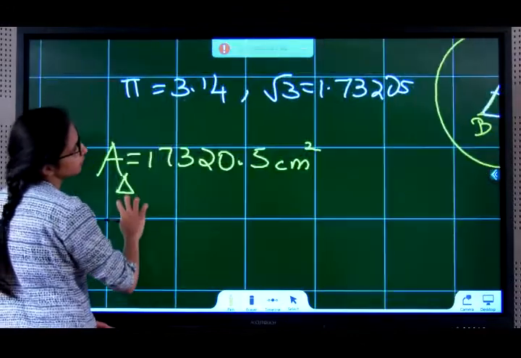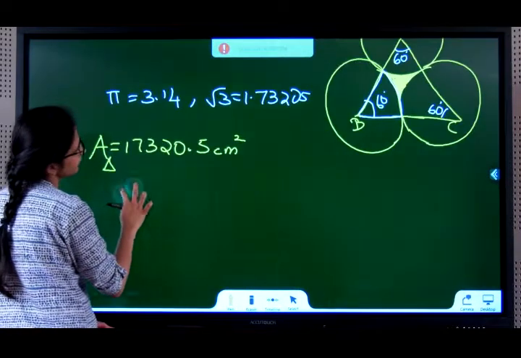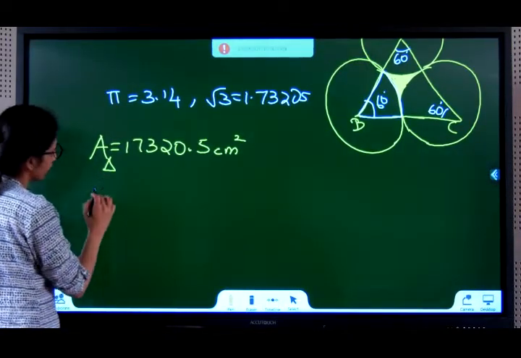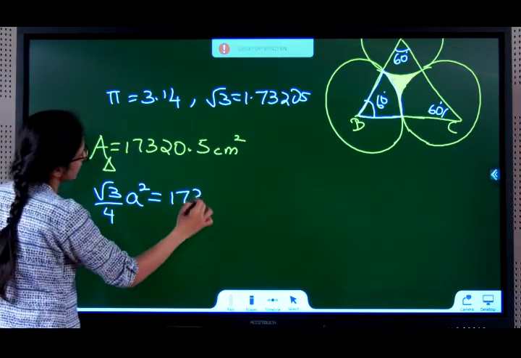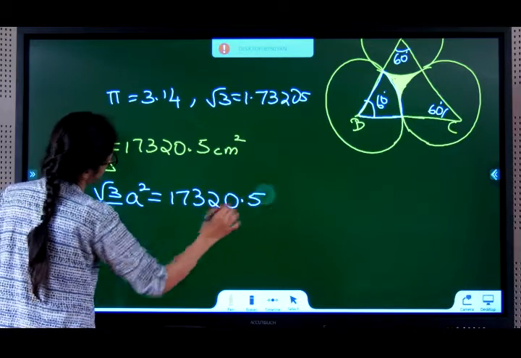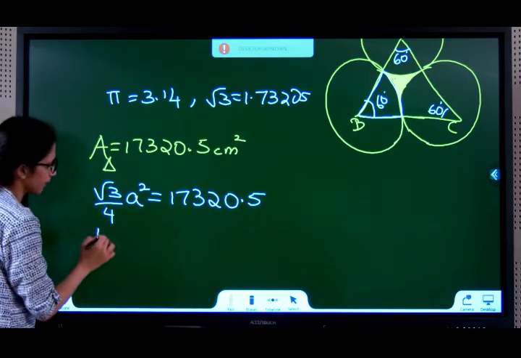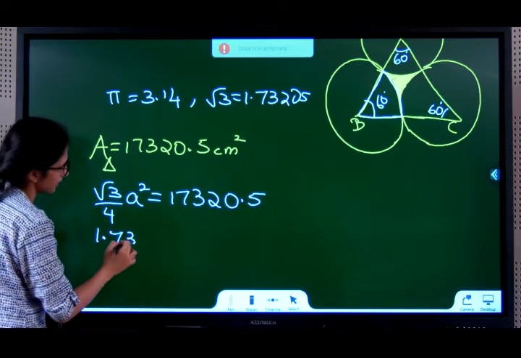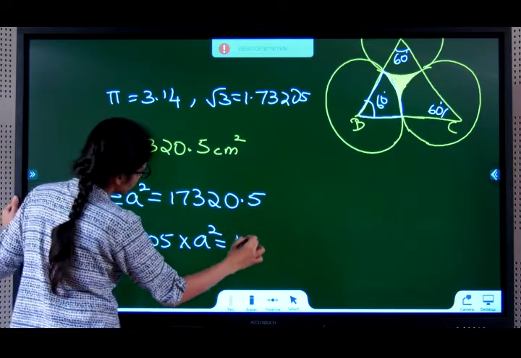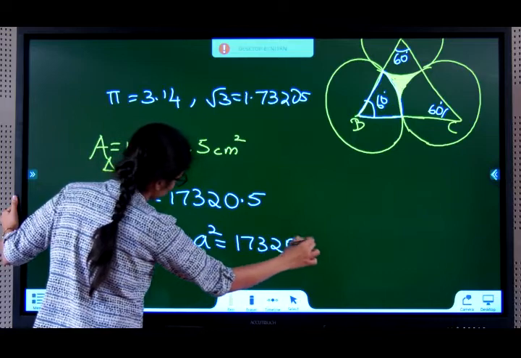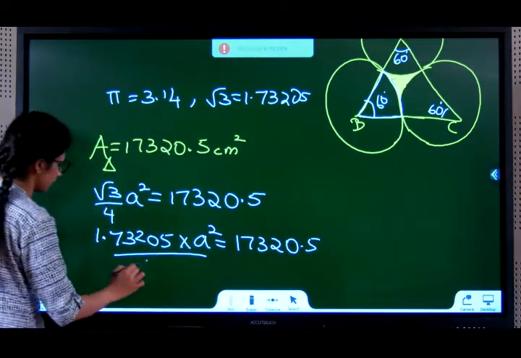So now in this question, area of the triangle is given by root 3 by 4 a square is equal to 17320.5. Root 3 value they have told in the question to take as 1.73205 into a square is equal to 17320.5. This is division by 4.